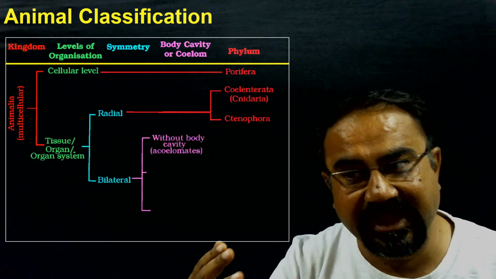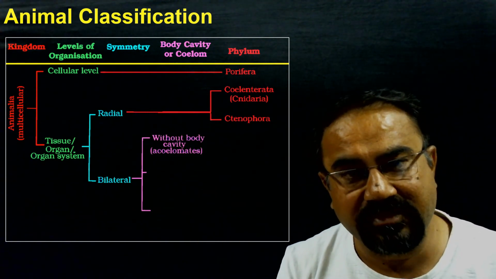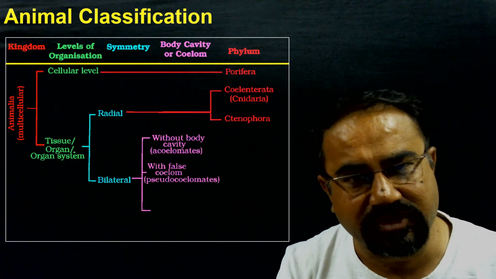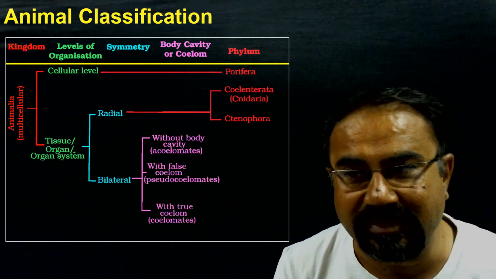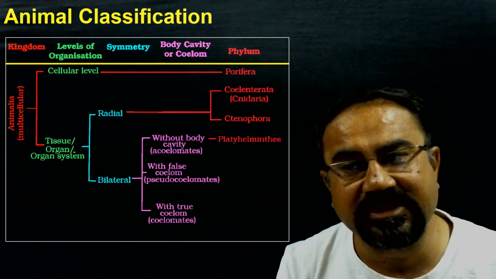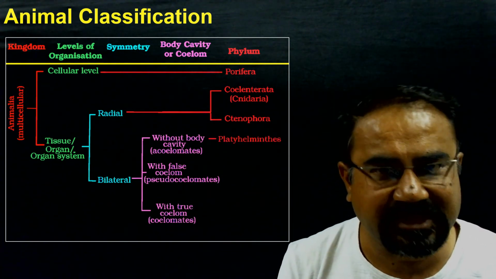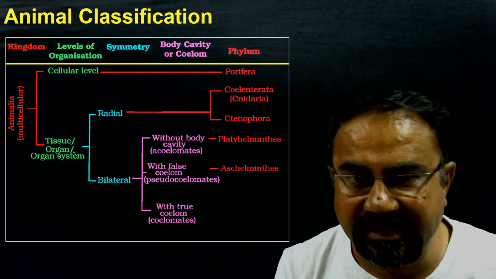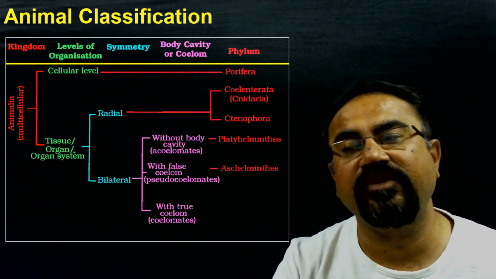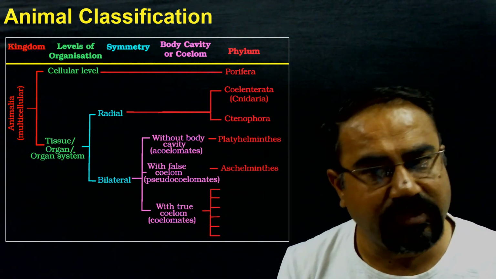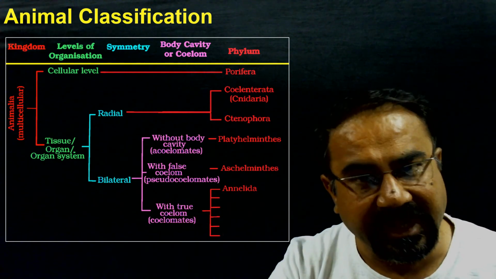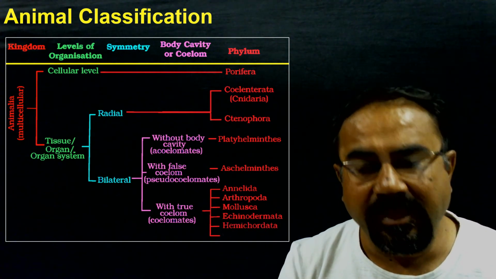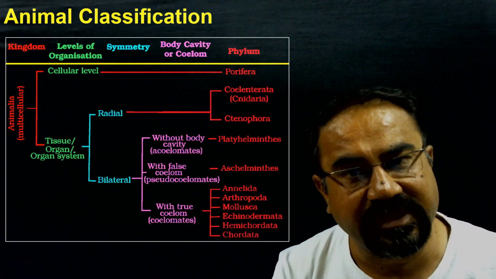Remember we have already studied that if coelom is absent, it is acoelomate. If pseudocoelom is present, it is with false coelom, or pseudocoelomate, and the last one having coelom is the coelomate. In the acoelomates there is only one phylum in our studies, that is Platyhelminthes. With false coelom, if you remember, Aschelminthes, roundworms, and the last one with true coelom has certain phyla to be studied: Annelida, Arthropoda, Mollusca, Echinodermata, Hemichordata, and lastly but importantly, Chordata.